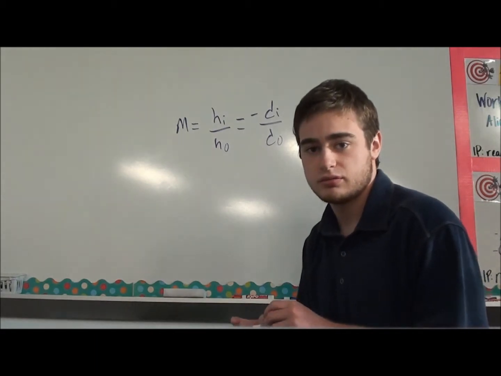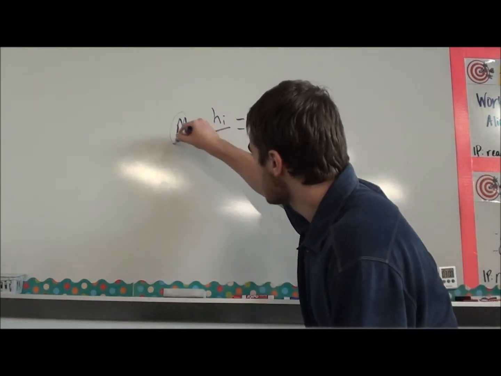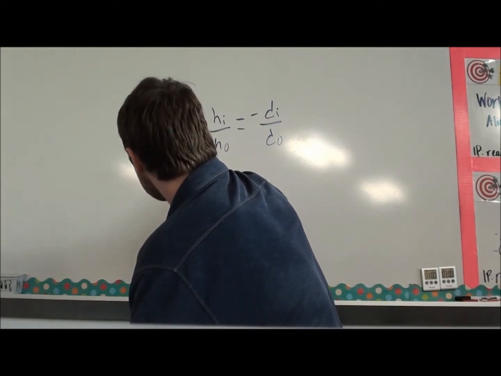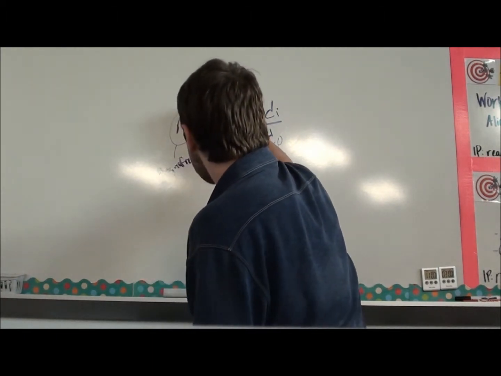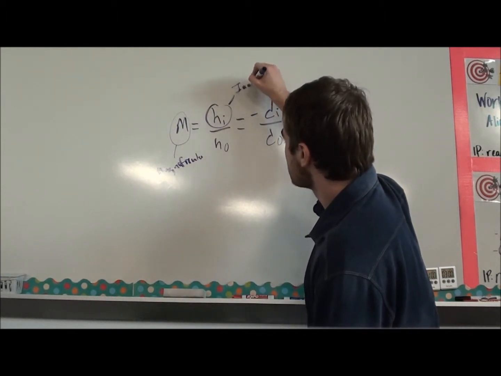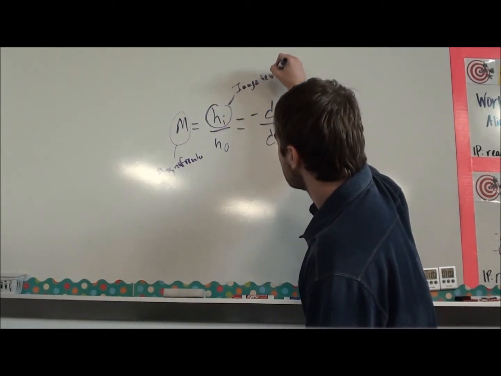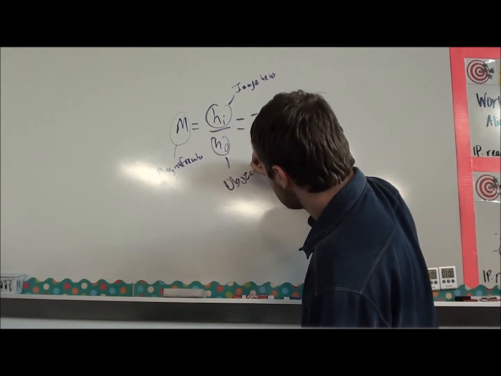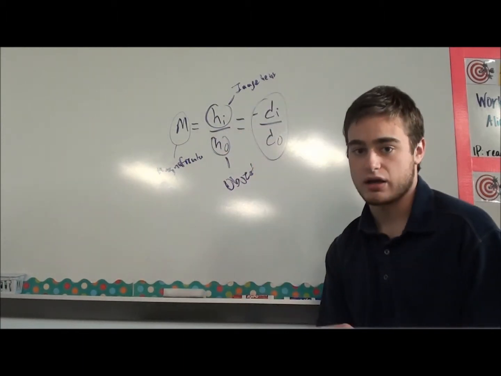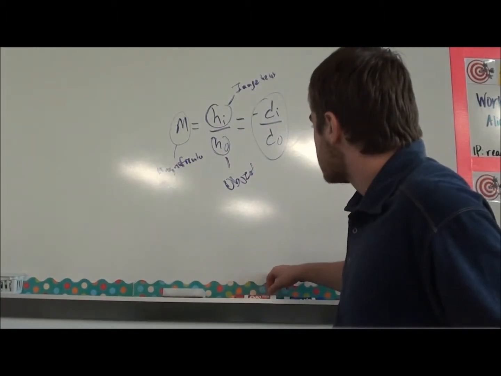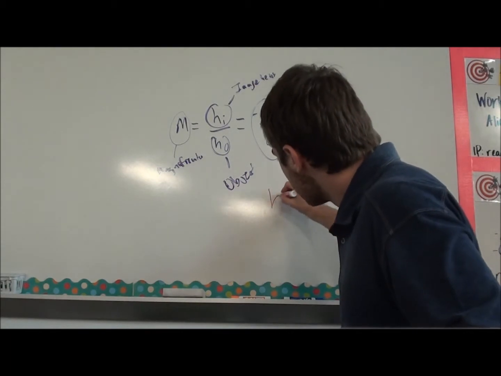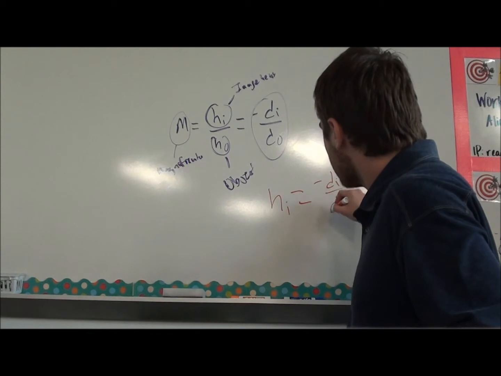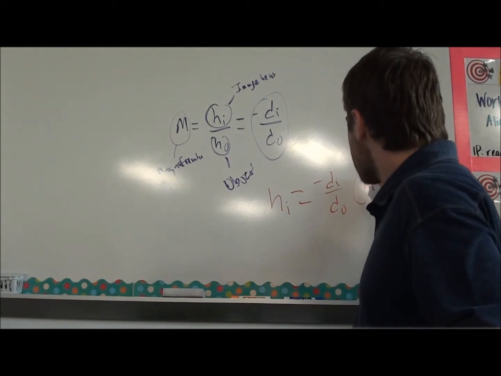In this equation, our m is our magnification, our hi is our image height, and our ho is our object's height. We already know our di and our do. When we take hi, we set that equal to negative di over do times ho.